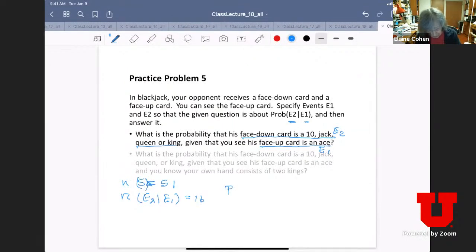So the probability of E2 given E1 is equal to 16 over 51. Okay. Just conditional probability.